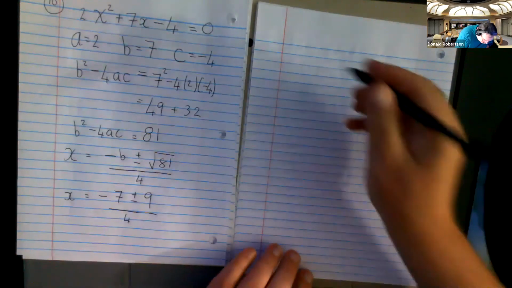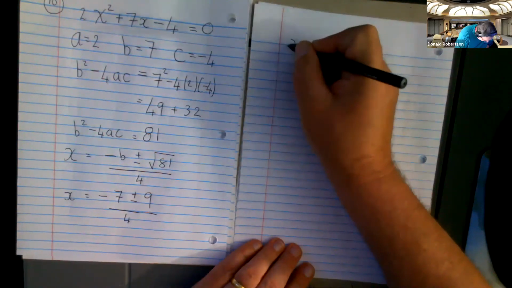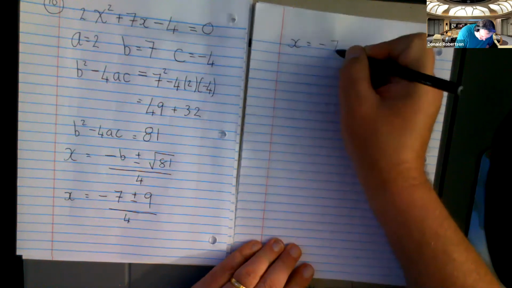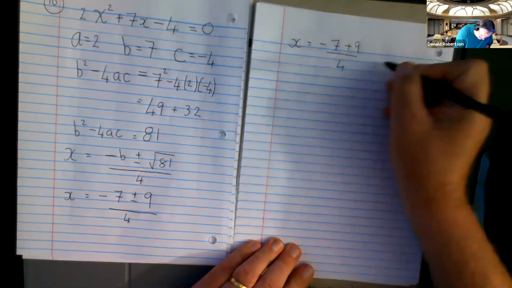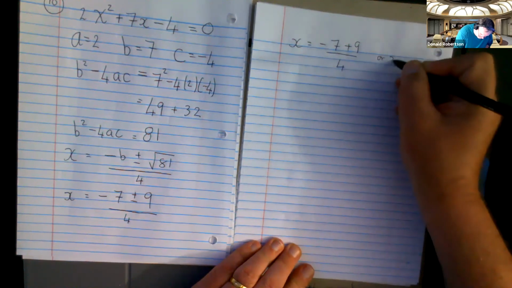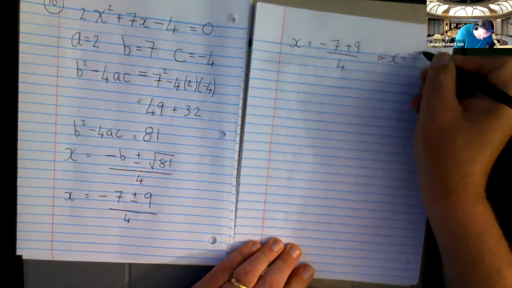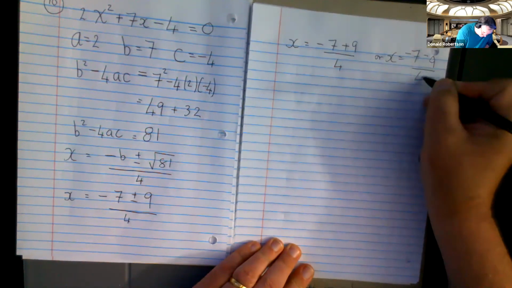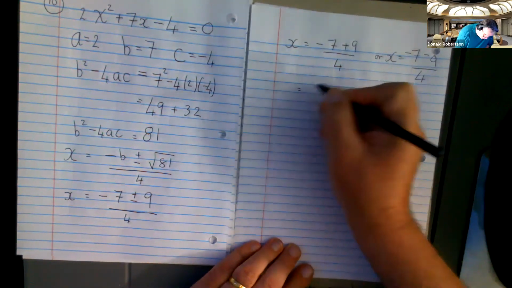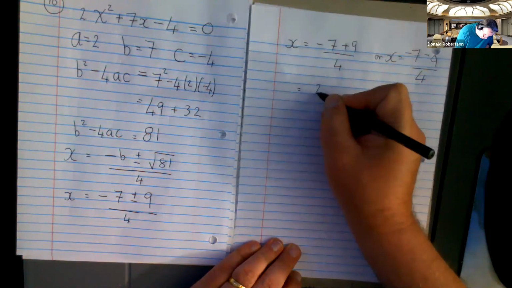And that's going to give me two solutions. -7 add 9 over 4, or -7 take away 9 over 4. Top numbers get me 2, so 2 over 4.